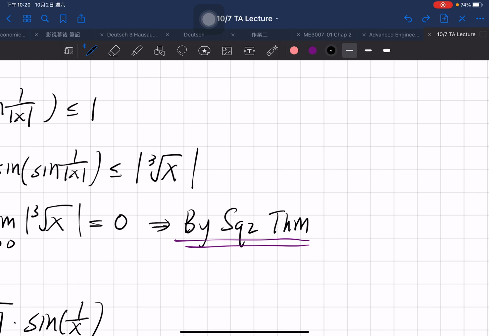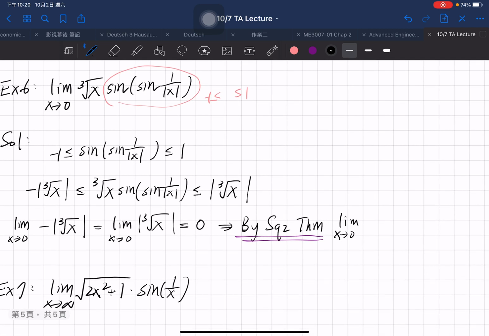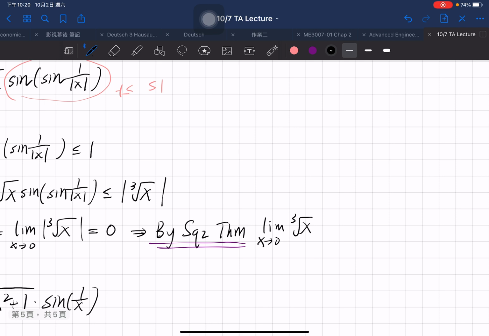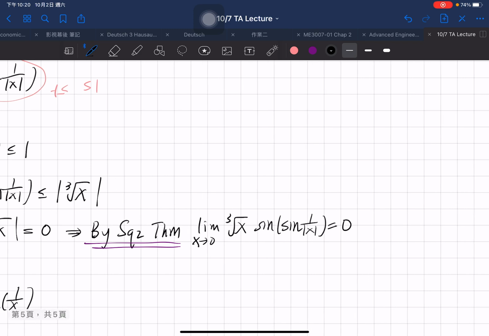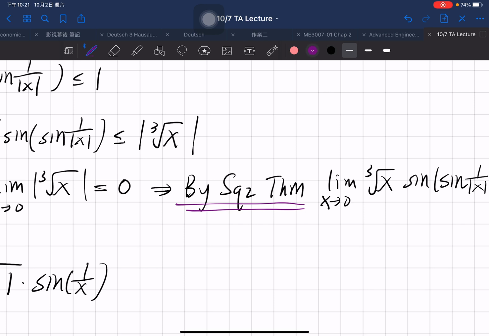So by the squeeze theorem, we know that the limit of this whole sine expression equals 0. Okay, so the answer is like this, and just make sure you write down when you apply the theorem and what theorem you apply.